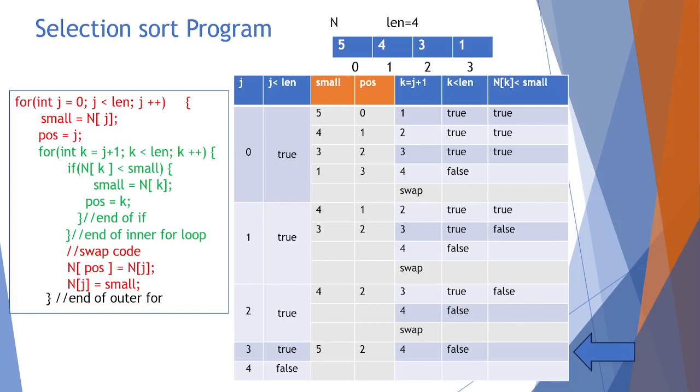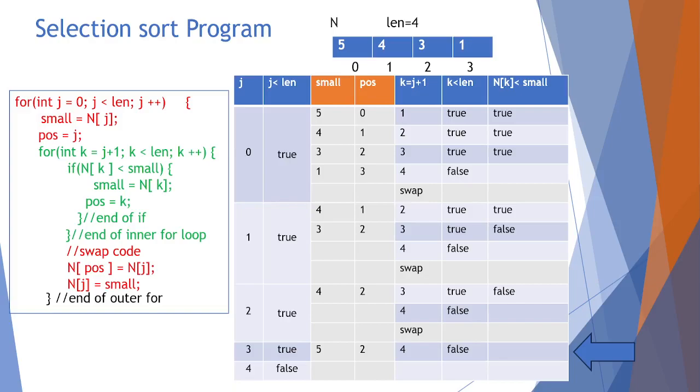And then swap happens. Before equals to, we talk about the address equals to operator. What does it do? Before equals to, address; after equals to, value. So in n of pause address, what is pause over here in the first iteration of j?